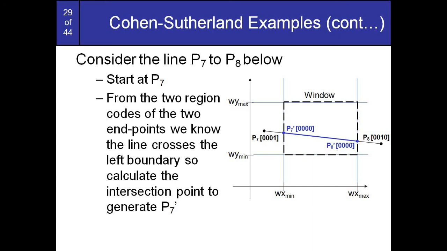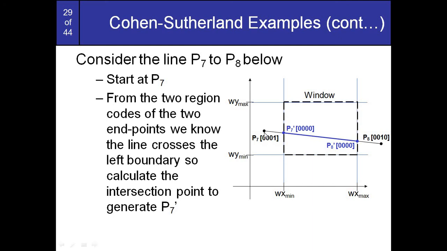Again, another example, the line P7 to P8. We start at P7, then from the region codes of the two endpoints, we know that the line crosses the left boundary. So calculate the intersection point to generate P7 dash.